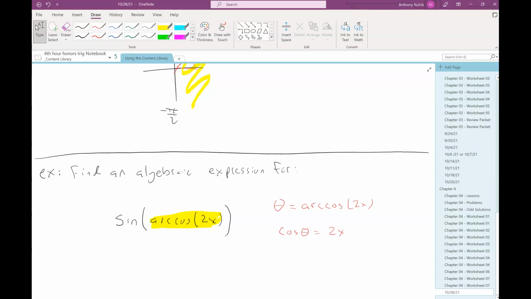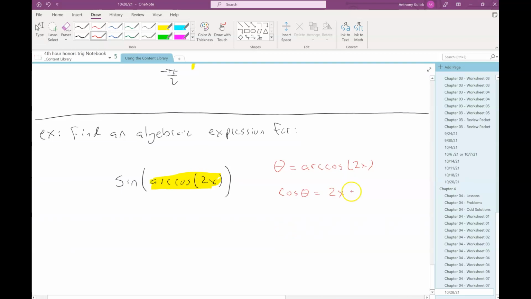And so if I use my right triangle definition of cosine, I can think of a right triangle with some acute angle theta, whose adjacent side is 2x, and whose hypotenuse is 1.